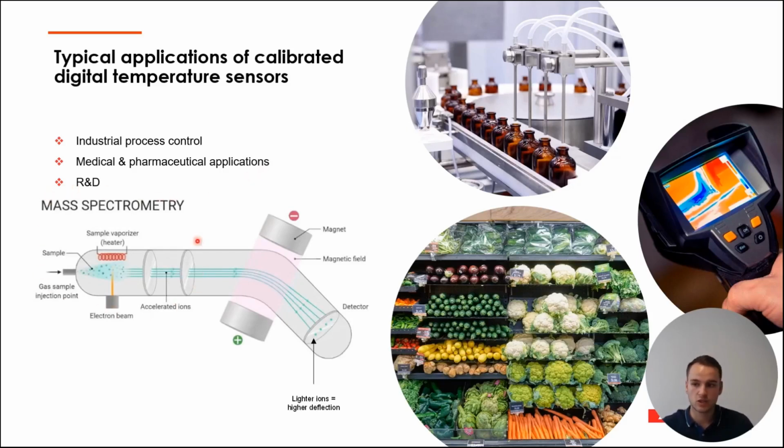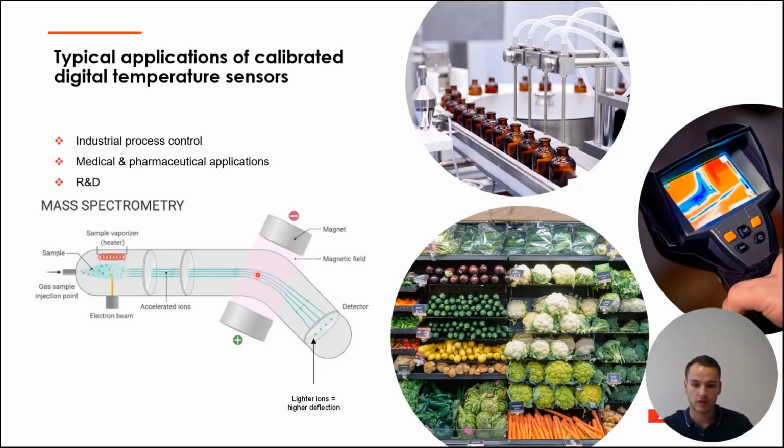If you take a look at this picture, you will see the application for which we sell the most sensors. Mass spectrometers are used in airports or research centers to clearly identify unknown media. The medium to be measured is dissolved in alcohol, heated, electrically charged, and then accelerated.